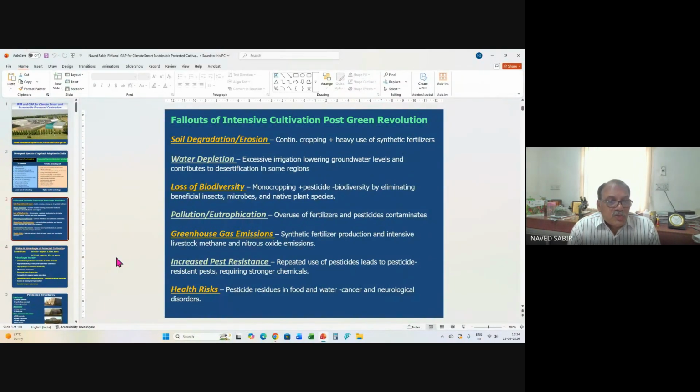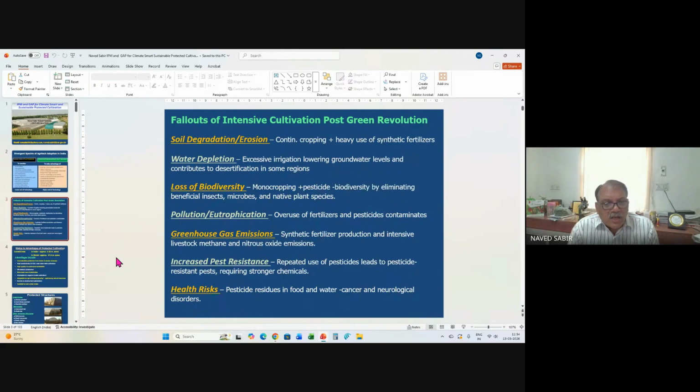So this was a very, very serious loss of biodiversity, and it is the biodiversity which sustains us. Similarly, pollution and eutrophication of the soil and the water bodies was happening. The greenhouse gas emissions were creating other problems like climate change, things related to livestock methane production or nitrous oxide emissions and all that.